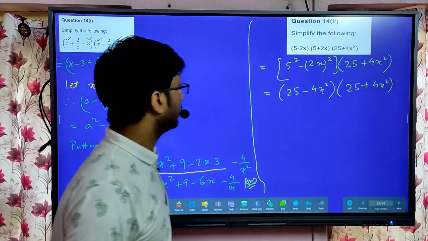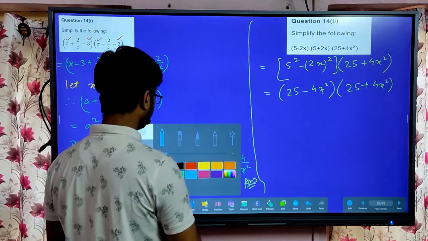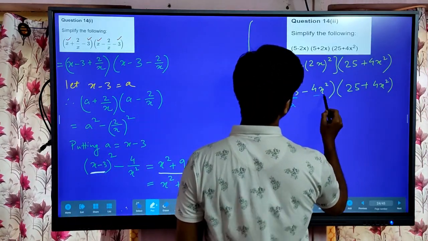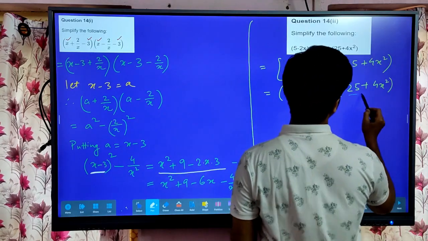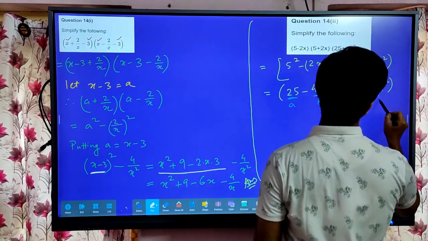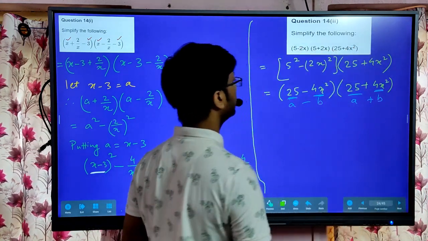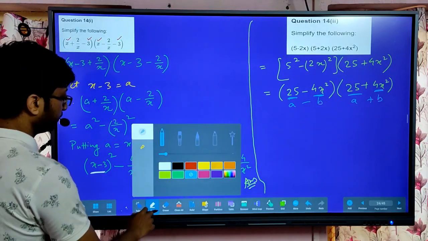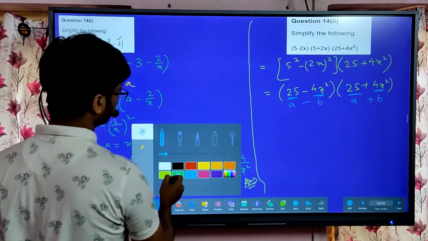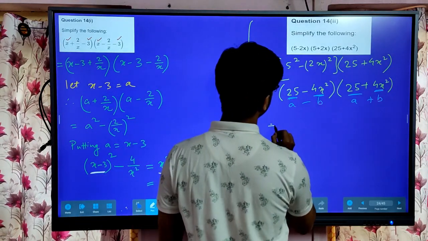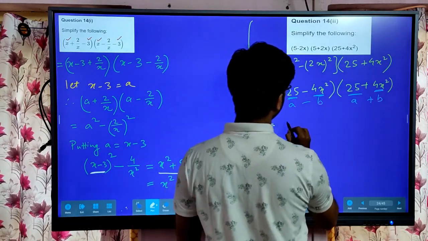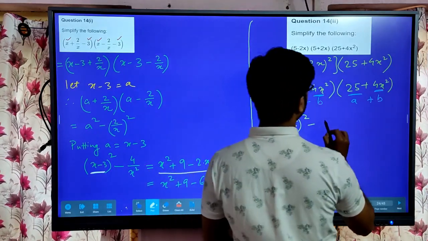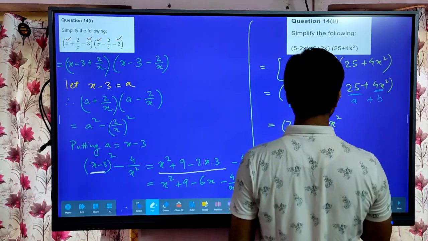Okay, now again you see here it is also similar: this is a minus b, and again a plus b, isn't it? So again it will be a square minus b square. So you see what will happen, it will be 25 square minus 4x square whole square.